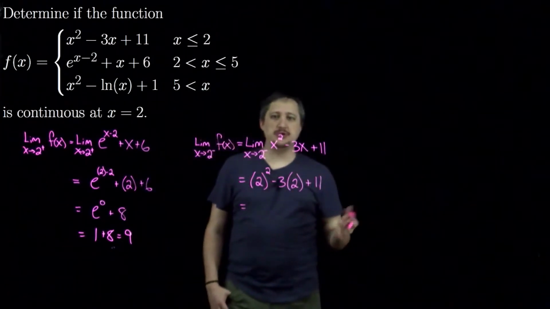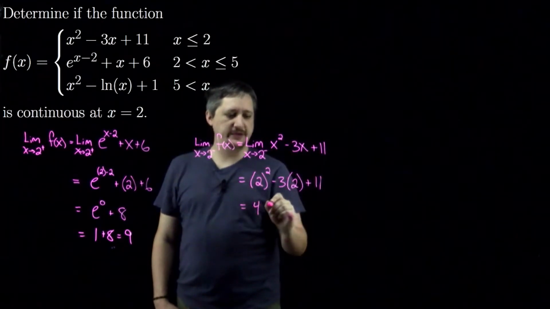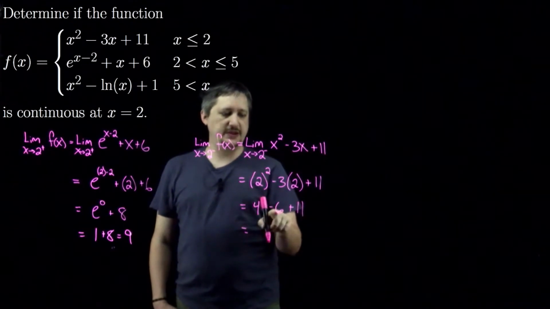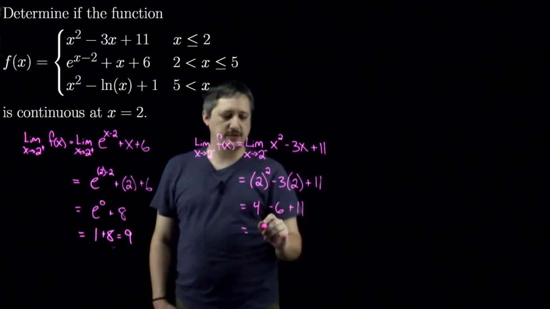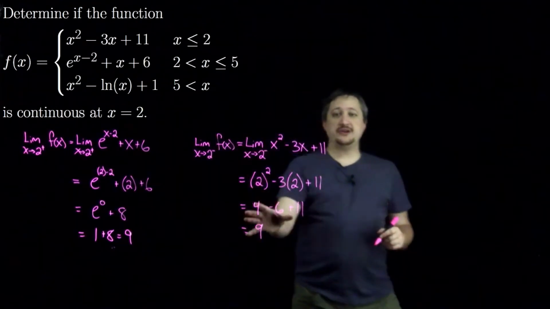Now I'm just computing my way down, so 2 squared is 4, minus 6, plus 11, which is negative 2, plus 11 is 9. So this computation told me 2 things.